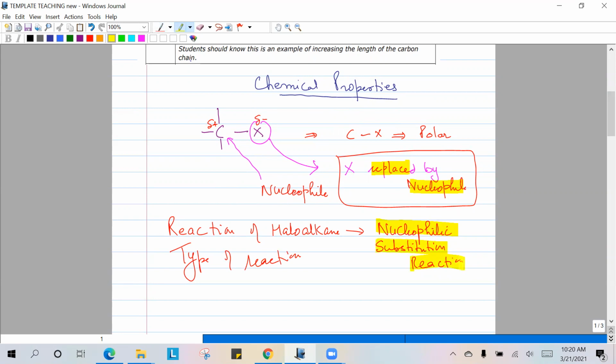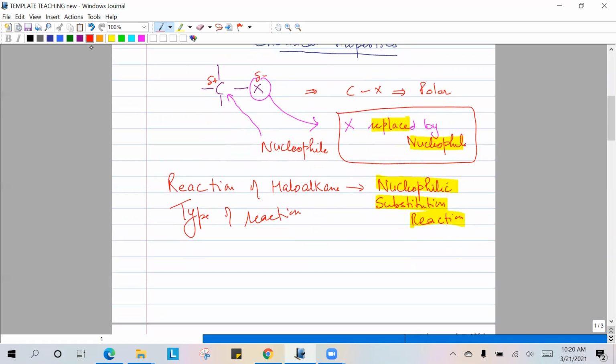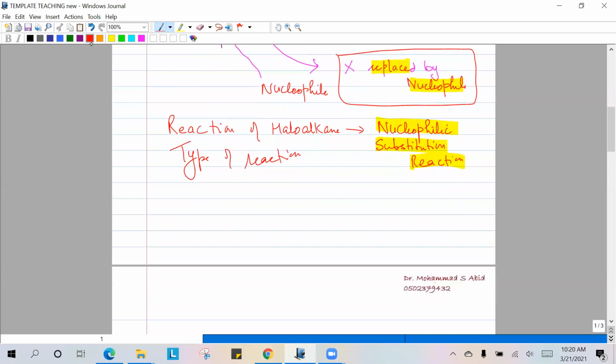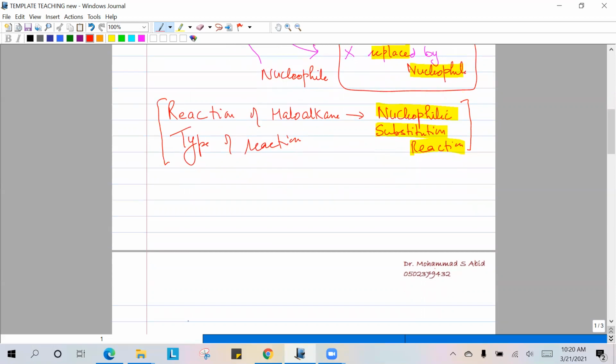It's usually a 2 mark question, where 1 mark will be for nucleophilic and the other mark for substitution. It is similar to alkanes, where the reaction was free radical substitution, and for alkenes it was electrophilic addition. Similarly, haloalkanes undergo nucleophilic substitution reaction. That is the main reaction.